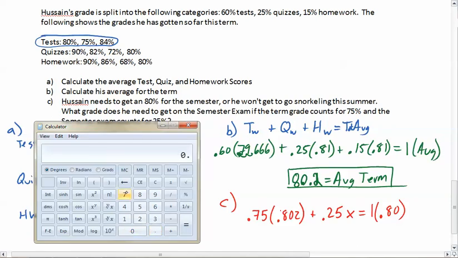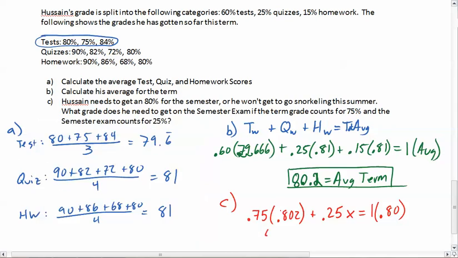We're going to go 0.75 times 0.802, which gives us 0.6015. That is a 6, by the way. Don't you dare tell me it's something else. So 0.6015 plus 0.25x equals 0.80.